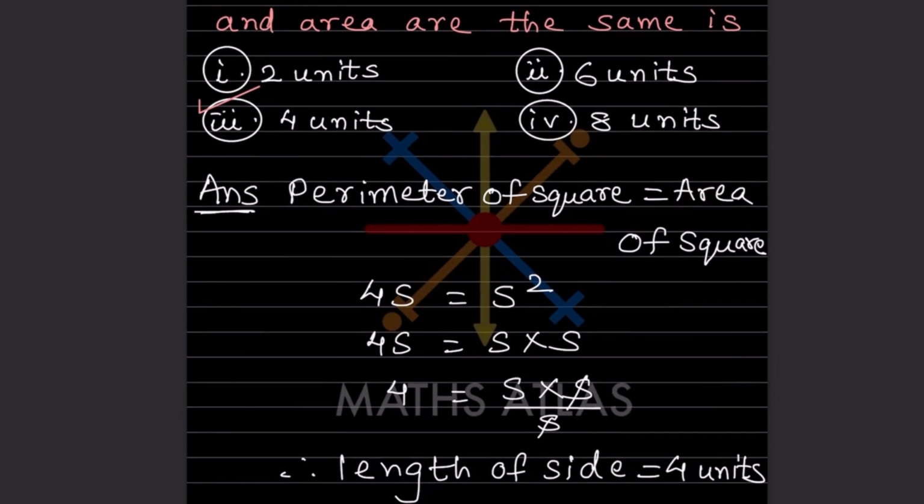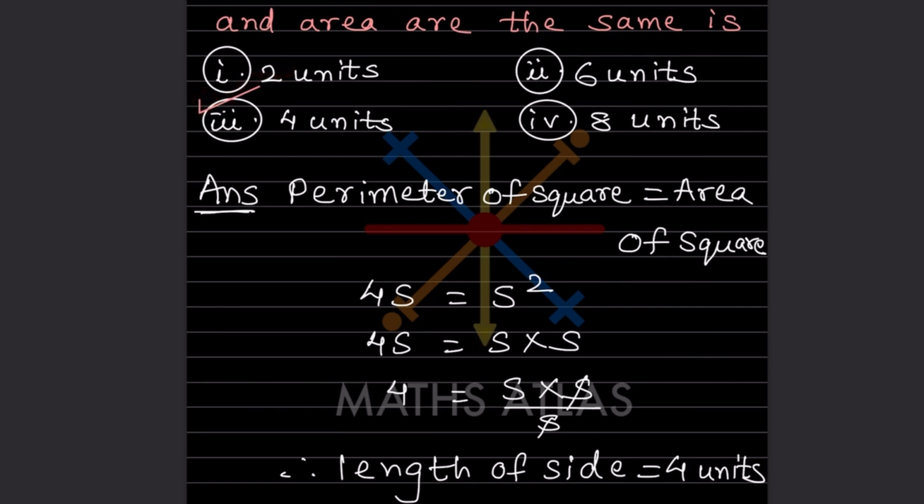You will write here 4s equals s square, and we are going to split up s square into s into s. So now what will you do? 4 you will keep on one side. This s into s is same as this one, and if this is in the numerator, when it goes to the other side, it is going to be in the denominator. So this one s and this one get cancelled. So what remains is s is 4. So that is nothing but length of side is 4 units. We don't know what unit is given, whether it's centimeter or meter, but writing units is important. So can you see here?